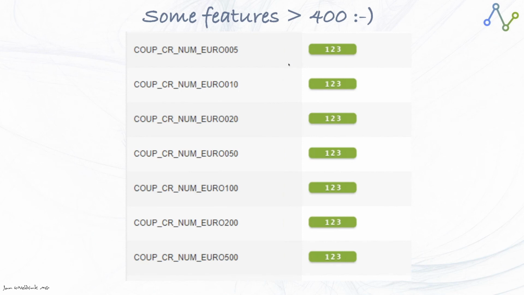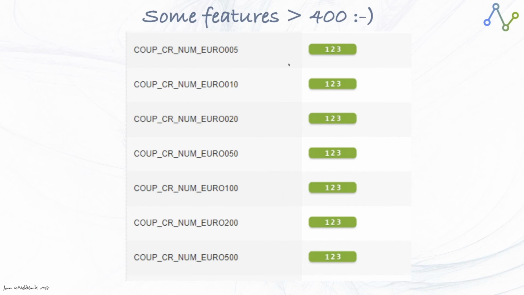We create some features for KYC. As I talked about fraud, we created approximately 1,000 to 2,000 features. When we talk about KYC, we created over 400 features. Why? Because we try to be very granular in finding how to formulate behavior of customers in features.